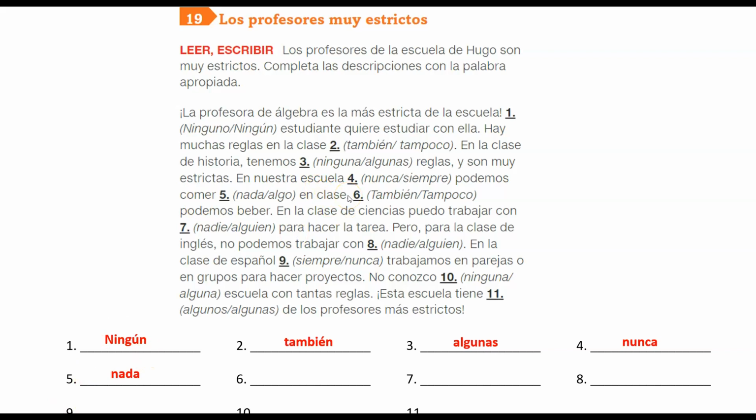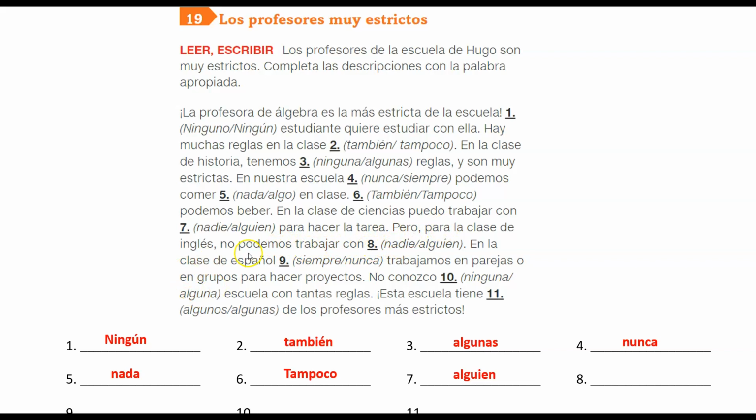Remember, the more negatives there are in a sentence, the better for emphasis. Neither can we drink. Tampoco podemos beber. En la clase de ciencias, puedo trabajar con blank para hacer la tarea. So in science class, I can work with somebody to do the homework. Con alguien. Pero para la clase de inglés no podemos trabajar con blank.